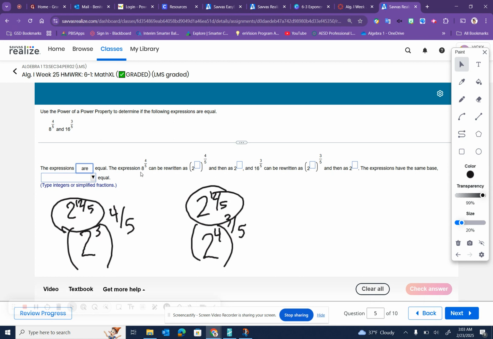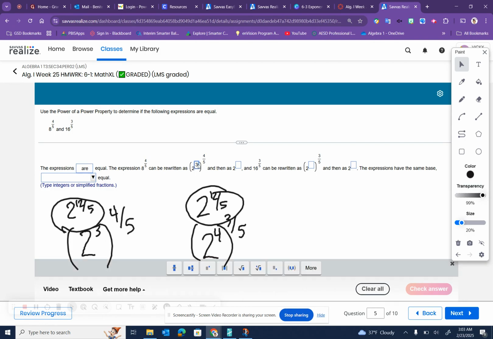The expression 8 to the 4/5 can also be written as we saw here. So this first blank has a 3. And then if we multiply it out, that becomes 2. Whoops. I guess we only want the fraction. 2 to the 12/5.